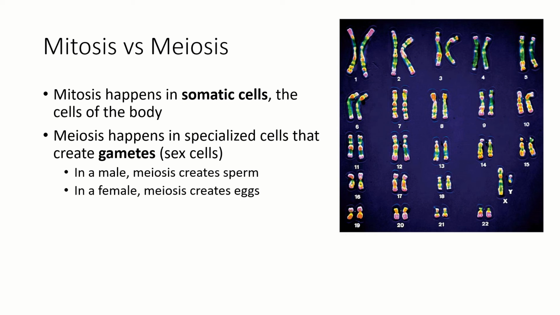There are some people who are born intersex, meaning that they have some male genitalia and some female. It's very complicated. We're going to talk about it when we talk about sexual reproduction. So I just wanted to say that we are going to be using male and female because those are the biological terms, but this is not an exhaustive list of all of the possibilities in the natural world.